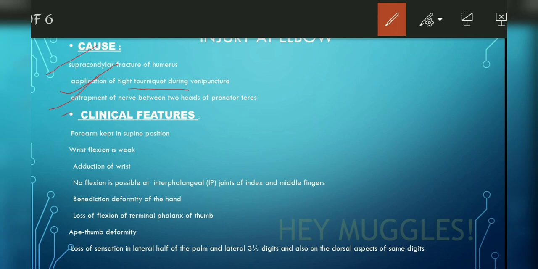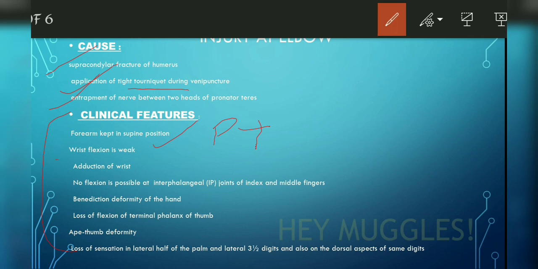So now what are the clinical features of the injury of the median nerve at the elbow? The forearm would be in supine position. It means there is loss of pronation due to paralysis of your pronator teres muscle, right? There would be paralysis of pronator teres muscle, and as a result there is loss of pronation of the forearm, and the forearm would be kept in the supine position.